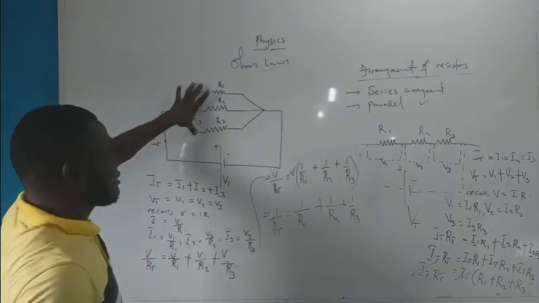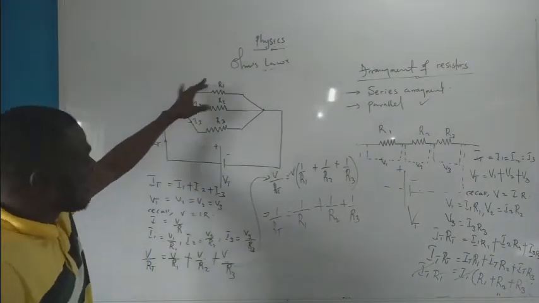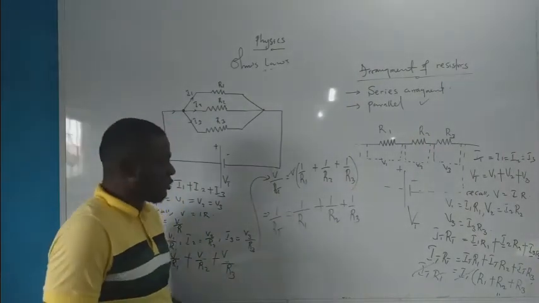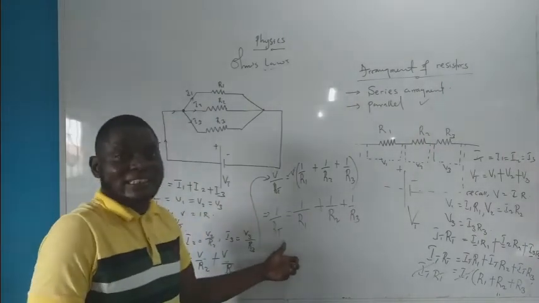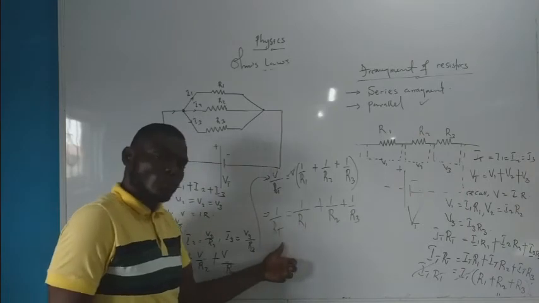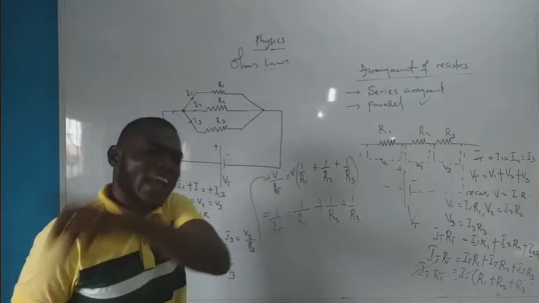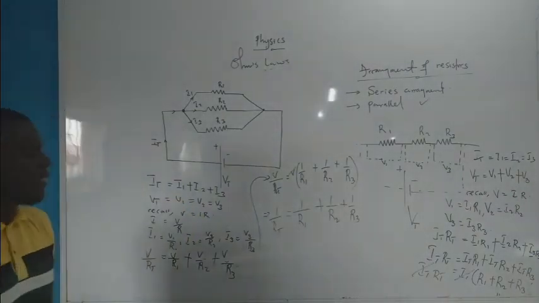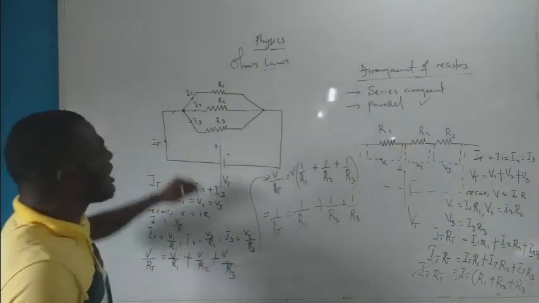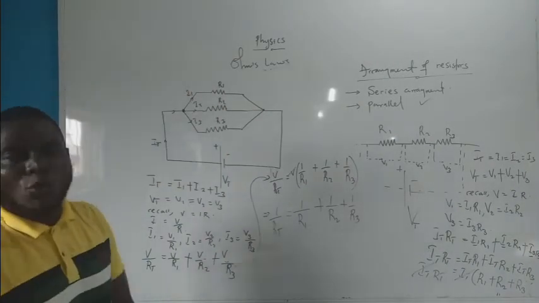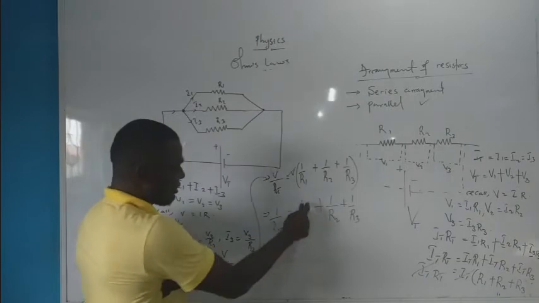That is, when you have resistors in parallel, the total resistance, or the equivalent, resultant, or effective resistance, will be equal to the sum of the reciprocals of each resistor, that is, 1 over, or inverse.